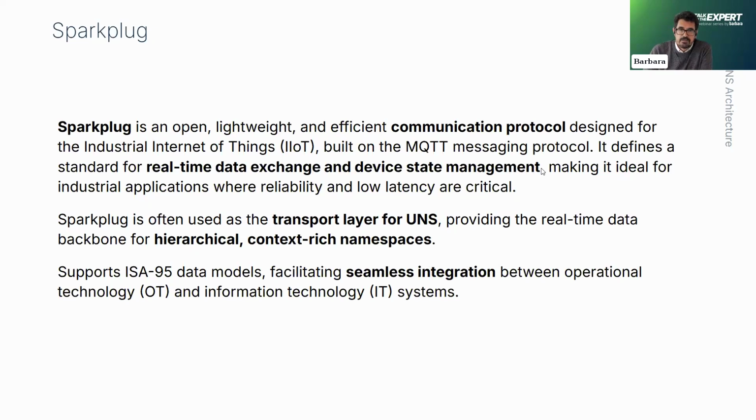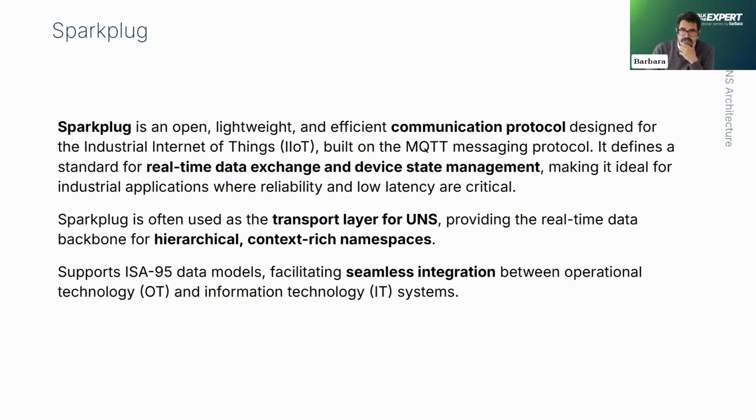It has this feature, okay? And also, it is used as the transport layer for the UNS, okay? It provides a hierarchical and context-rich namespace, okay? So at the end, we are supporting the ISA-95 data model using this Sparkplug format, okay? That's why we are using it here, right?